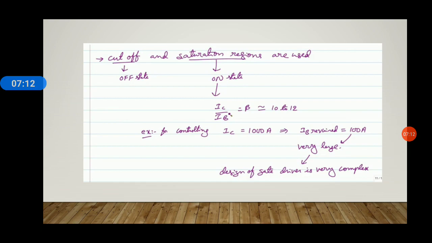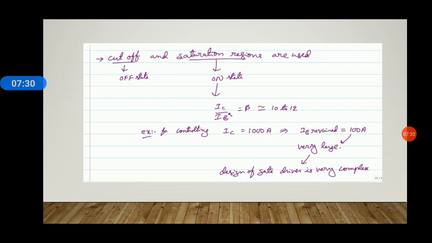So for IC to be 1000, we need IB to be 1000 by 10, that is 100 amps, which is very large.